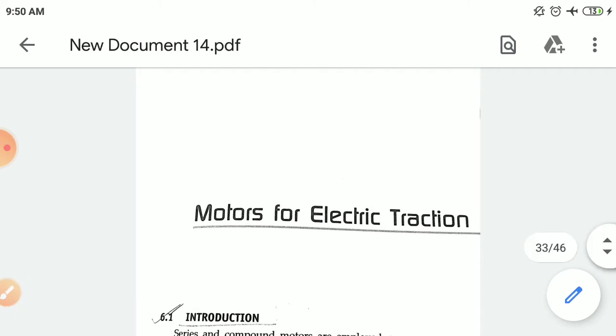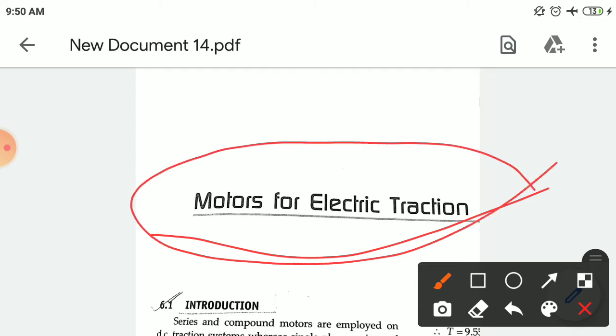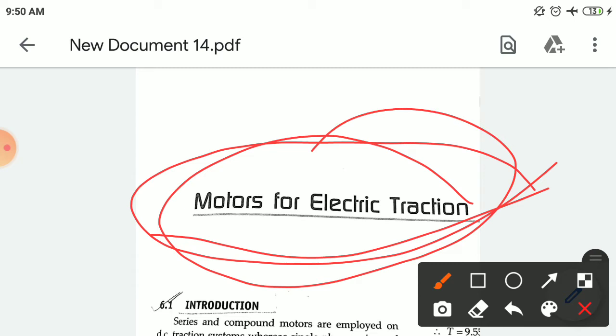So the motors which we design should be robust and capable of handling the varying loads here. They must be of totally enclosed type, enclosed in an enclosure, to protect them from water, dust, and so on.